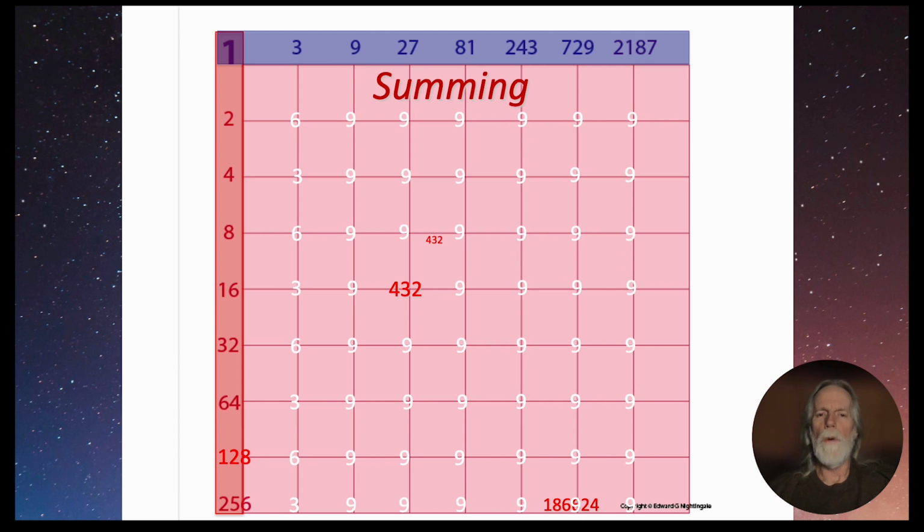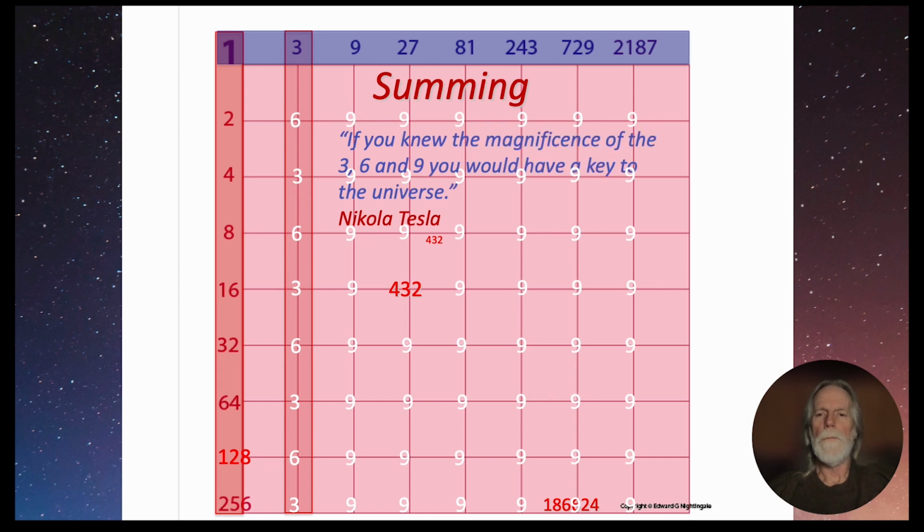And these natural or Platonic numbers all sum to the number 9, with the exception of the first vertical row, the y-axis on the coordinate plane, where those numbers alternately sum to 3s and 6s, and all the other numbers on a coordinate plane sum to 9. And Nikola Tesla claimed, if you knew the magnificence of the 3, 6, and 9, you would have a key to the universe.